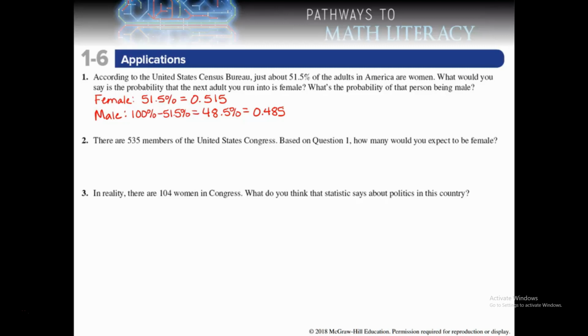So 535 times 0.515 comes out to about 276 women. In 3, though, they tell us that in reality there are only 104 women in Congress. So what does that say about politics in this country? Well, what it tells us is that proportionally speaking, women are underrepresented in Congress.